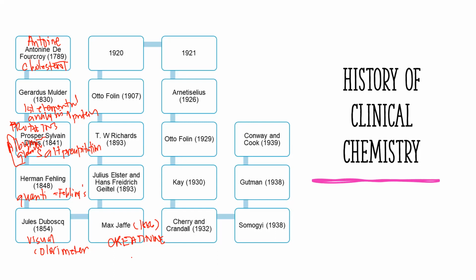Next, in the year 1893, Julius Elster and Hans Friedrich Geitel invented the photoelectric cell.